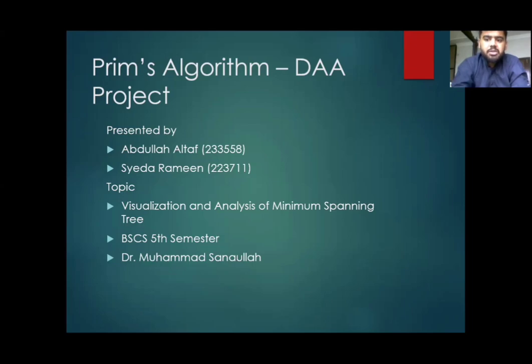The MST connects all vertices with minimum total edge cost and without forming cycles. The inputs are vertices and weighted edges, and the output is the MST edges with minimum cost. So why do we need minimum spanning trees, and why do we need Prim's algorithm?